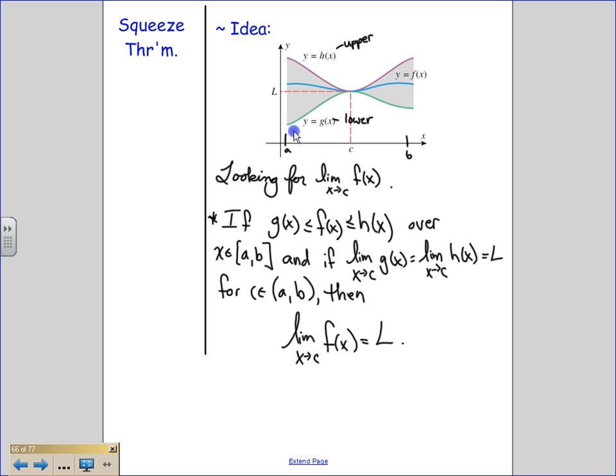For our special limit of sine of x over x, which has then been generalized for sine of u over u, to find that limit as x approaches 0 of sine of x over x, they were able to identify the lower function as the negative absolute value of x and the upper function as the positive absolute value of x, which is always below, always above sine of x over x for an interval containing x equal to 0.